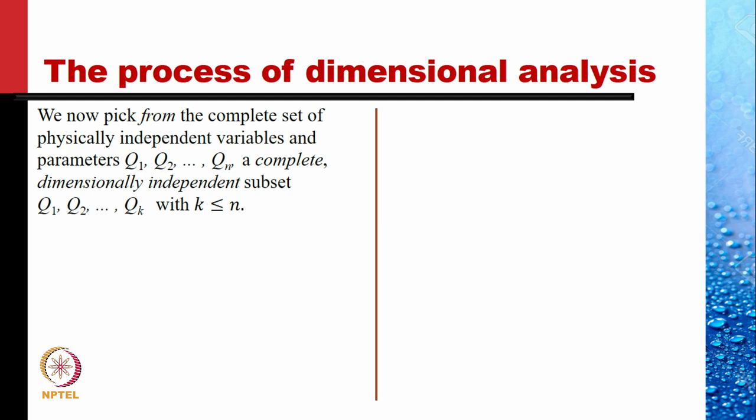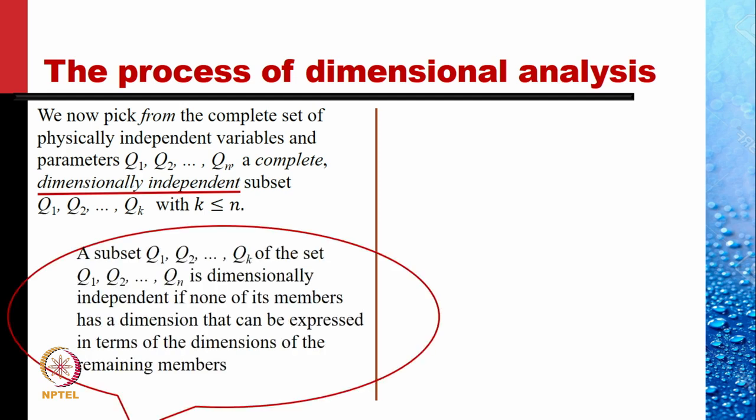So it is a subset of Q1 to Qn, k less than or equal to n. Dimensionally independent, what does that mean? A subset Q1, Q2, Qk of the set Q1 to Qn is dimensionally independent if none of its members has a dimension that can be expressed in terms of the dimensions of the remaining members. We'll explain this with an example.